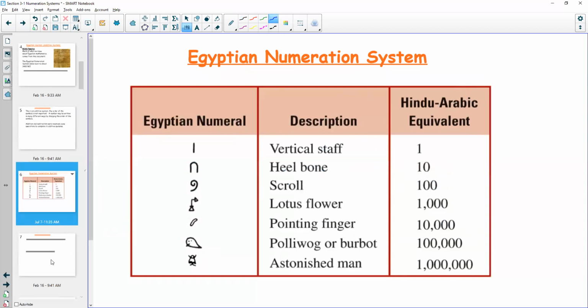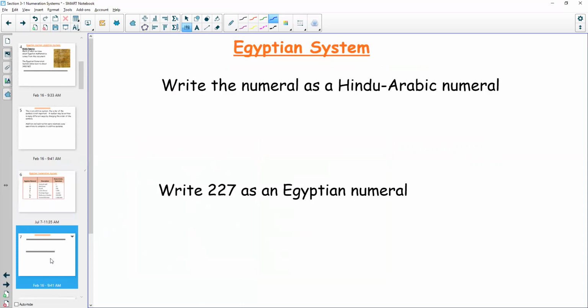So how does this actually work? Well, we want to write, I'm missing a number. Let me look in my notes. Oh, I have to write the numeral. There we go, I have the numbers.